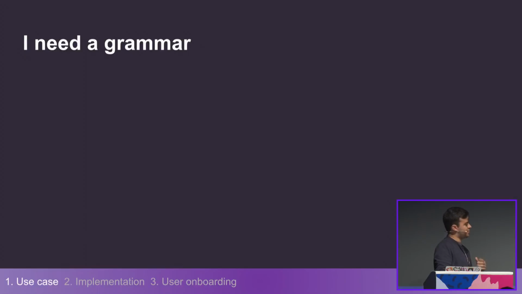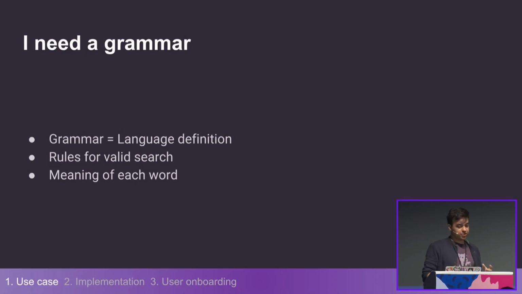Now that I know that I want to make my own query language, I have to define it. A language definition is called a grammar. That's going to be the set of rules that define what a valid search is and the meaning of each word in my valid search.